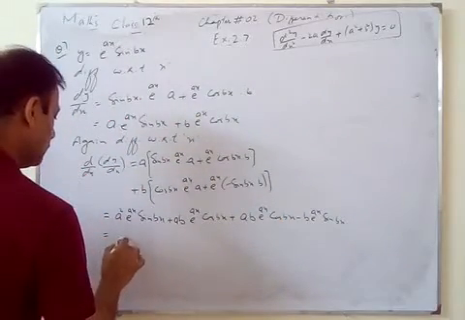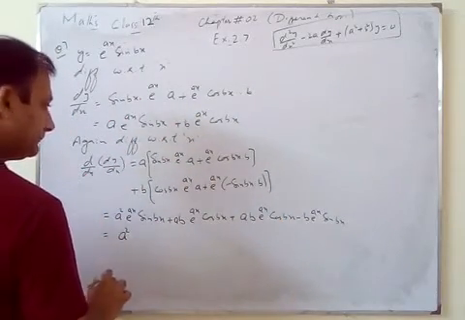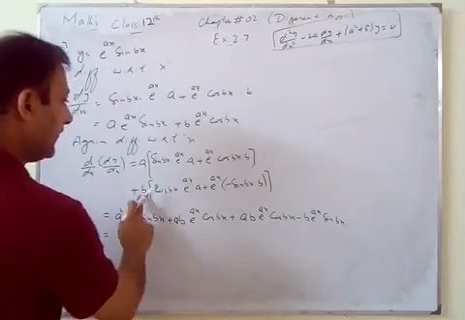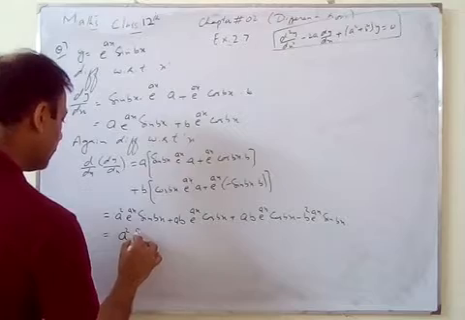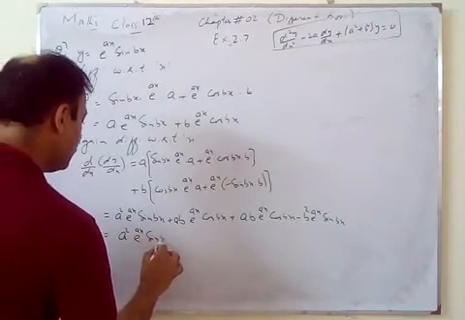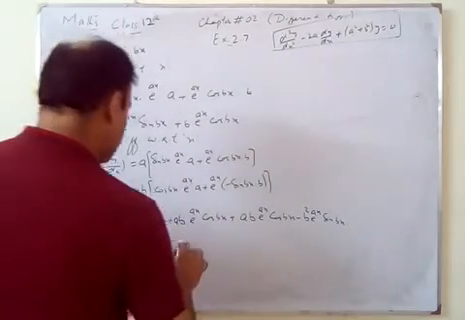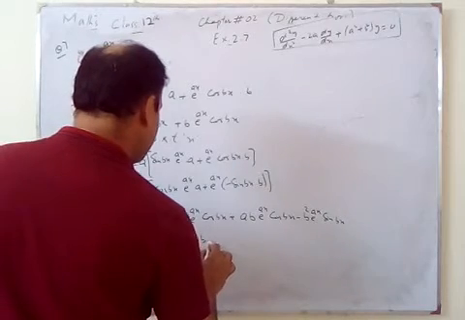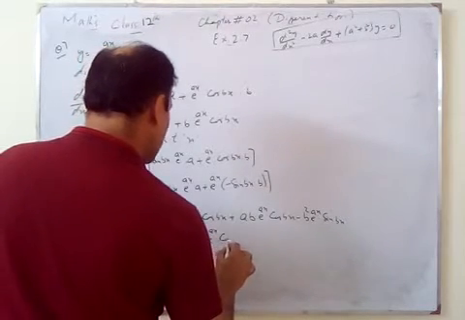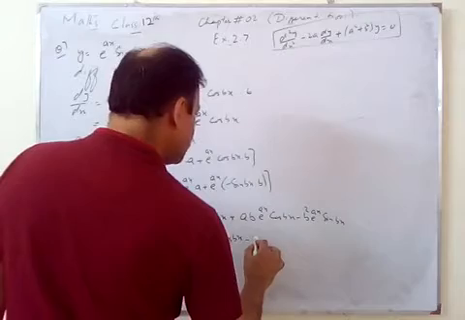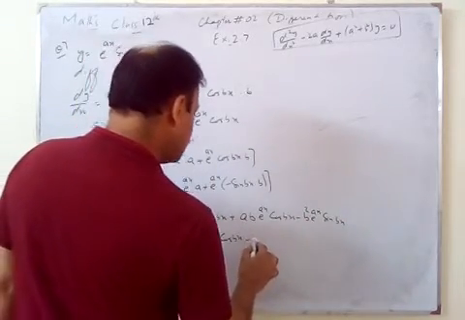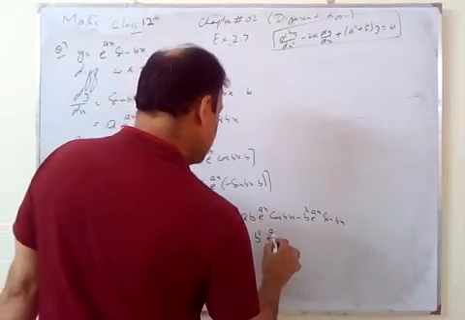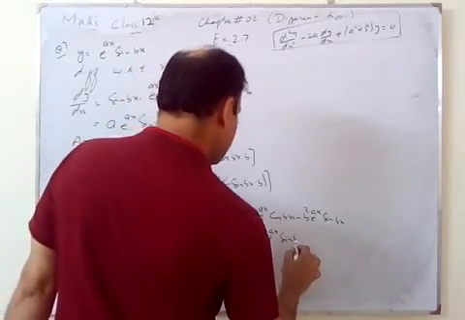So a square and this one is b square. a square e power ax sin bx plus 2ab e power ax cos bx minus, this can also be written as minus b square e power ax sin bx.